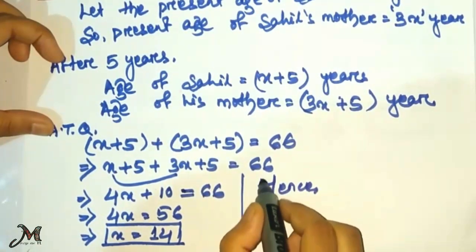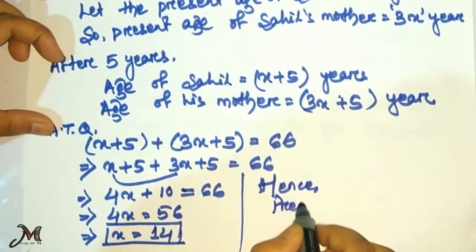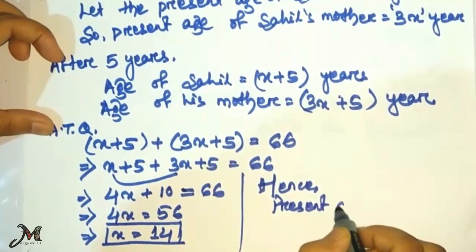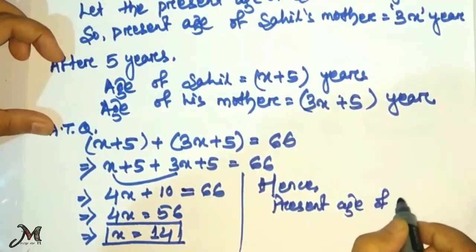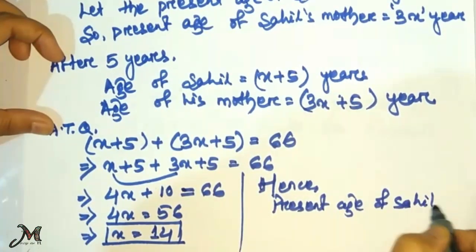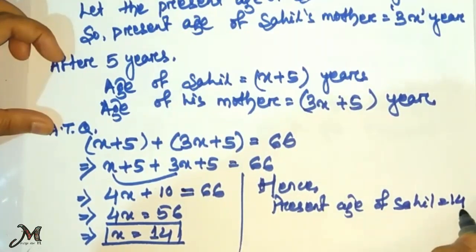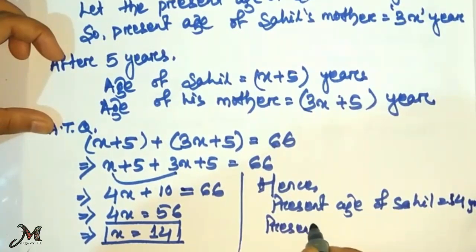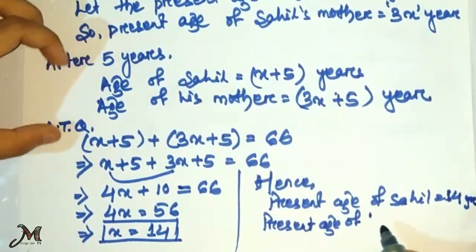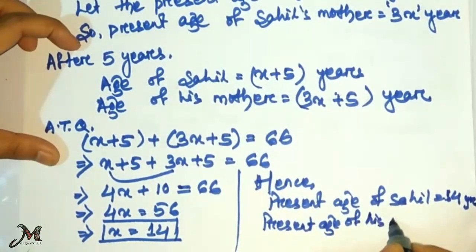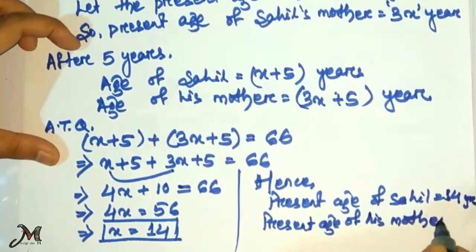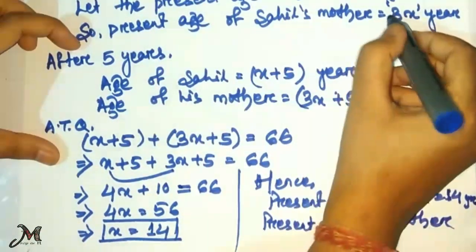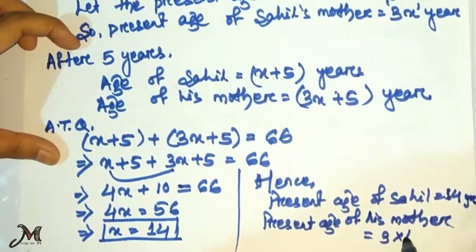Okay, so we can write, hence, present age of Sahil is equal to 14 years and present age of his mother is equal to 3x, that means 3 into 14.